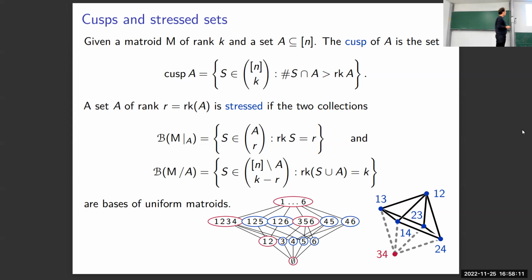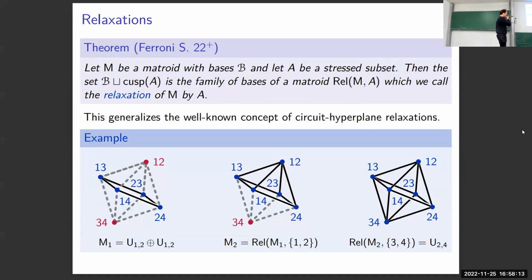So what can we do with them? This is why the word stress belongs here. If I have a matroid and I can find a stressed subset, then adding this stressed subset, or the cusp of the stressed subset, to my original set of bases gives me a new matroid. This matroid is called the relaxation M by A. This way we can enlarge the original matroid.